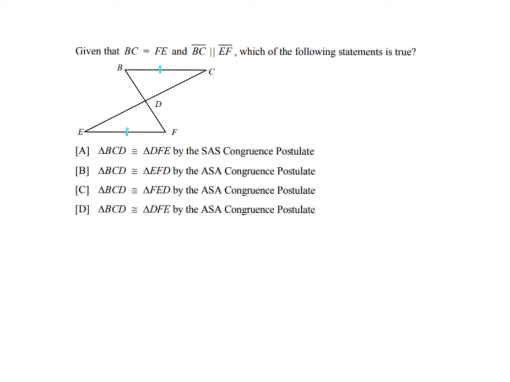But what's being hidden is the fact that they're saying BC, basically this line here, is parallel to EF. Now what that tells us is that we have congruent angles because we have lines intersecting parallel lines. We have transversals.